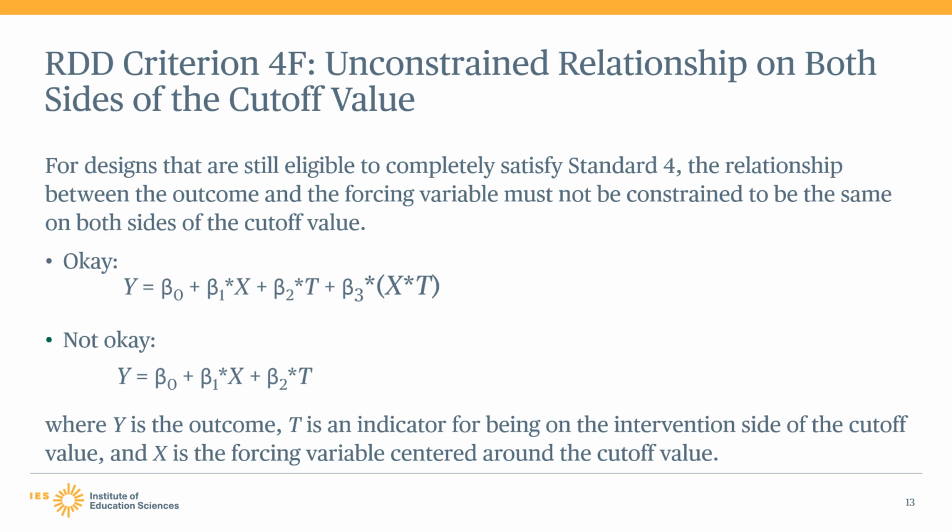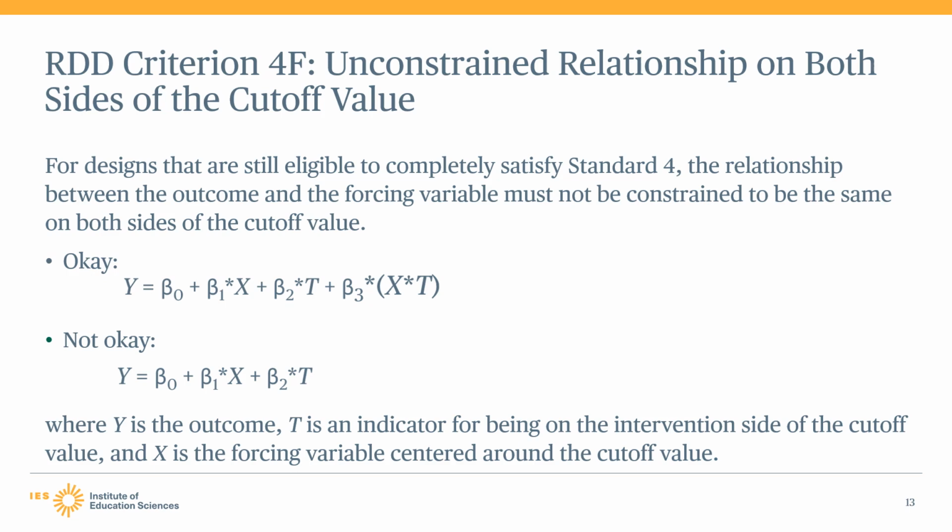As an example, consider a regression model where y is the outcome of interest, x is the forcing variable centered around the cutoff value, and t is a dummy variable indicator for treatment assignment. The inclusion of a multiplicative interaction term between x and t, shown as beta 3 on this slide, would appropriately allow the outcome forcing variable relationship to vary on either side of the cutoff.